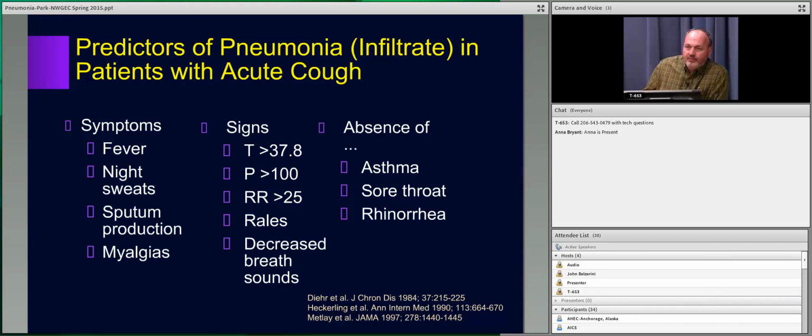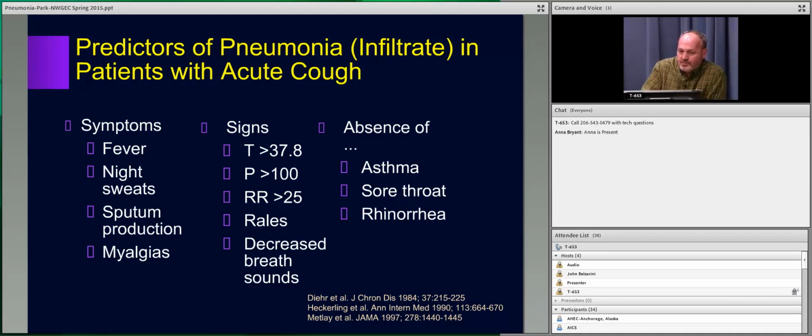If you're on the very, very mild end of the spectrum, you may be wondering if someone who has an acute cough might have pneumonia. Should you bother to do an x-ray? This is one approach you can use to solve that dilemma.